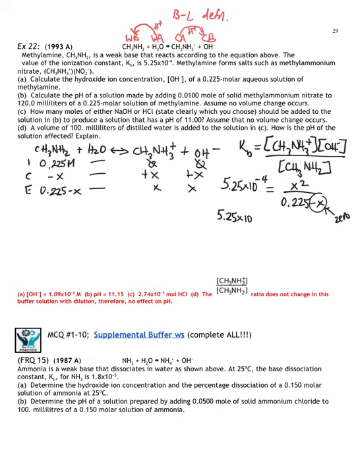I can write it as this and solve it with much more ease, okay? And when I solve for x, I get x equaling 1.09 times 10 to the negative 2 molarity.